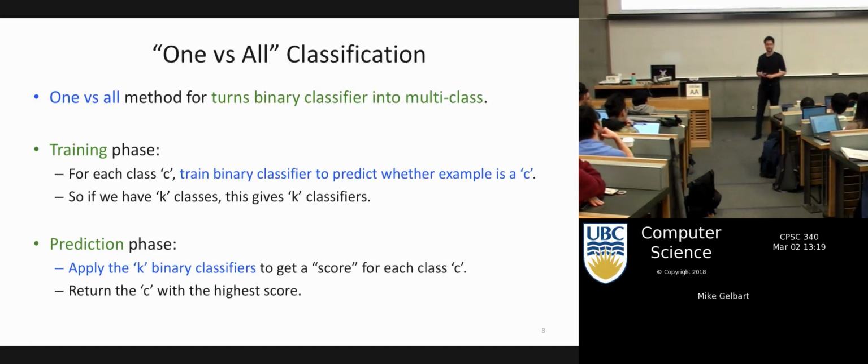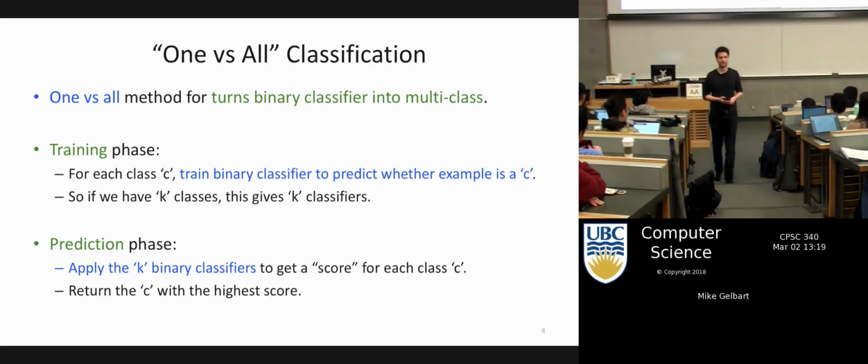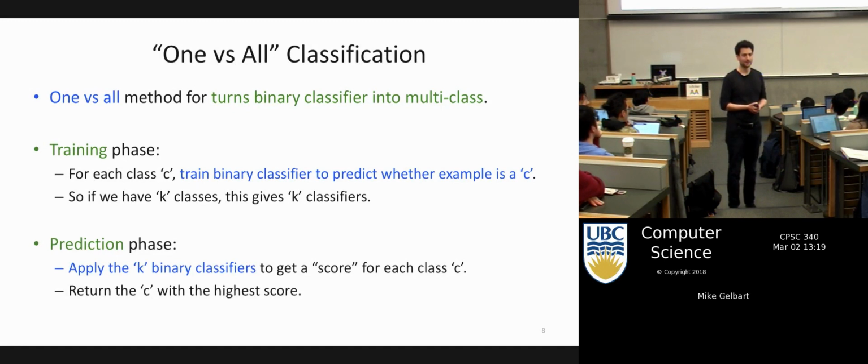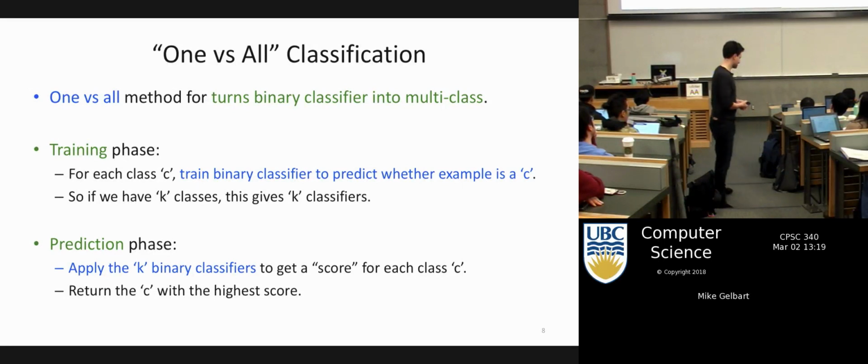Mohammed? What if for the test example it gets 70% for a class and then 70% for one versus all for another class? How should we choose something like that? Yeah, okay.